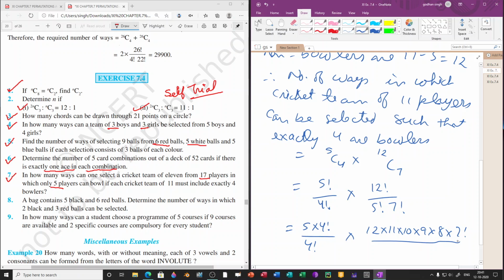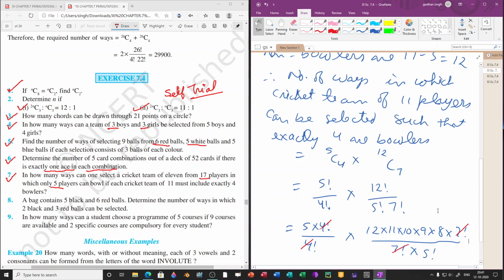We cancel 4 factorial with 4 factorial, and 7 factorial with 7 factorial.